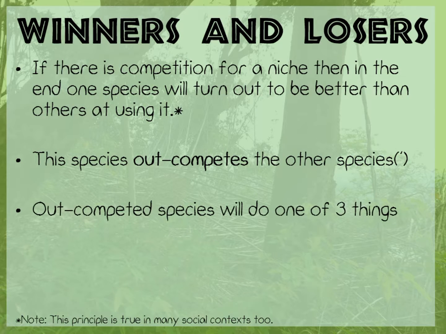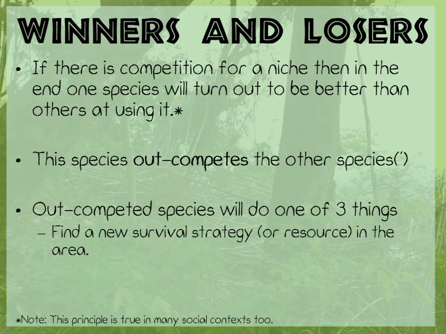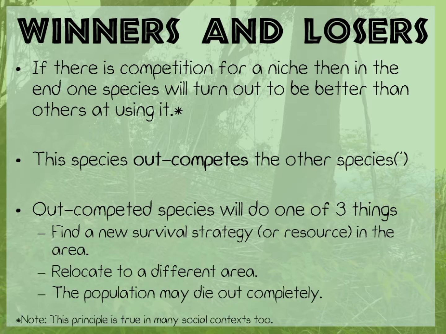The outcompeted species will do one of three things. It might find a new survival strategy or a new resource, maybe a new way to eat, a new source of food. It could relocate to a different area where the winning species is not found, or it could just die out in an area. It might prove to be unable to adapt to a new way of surviving.